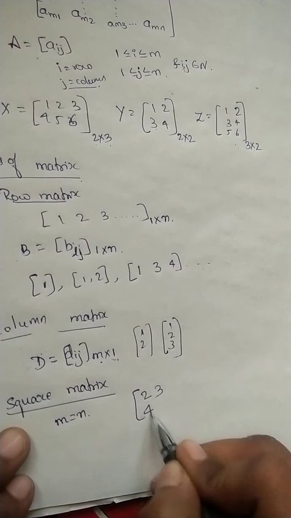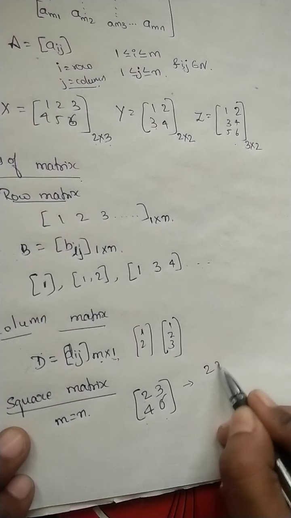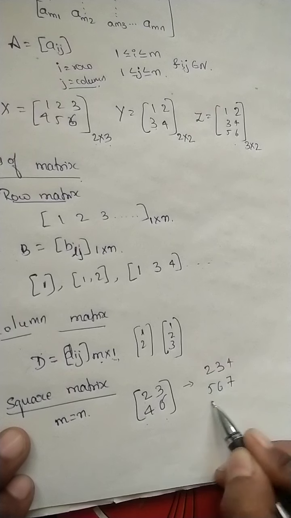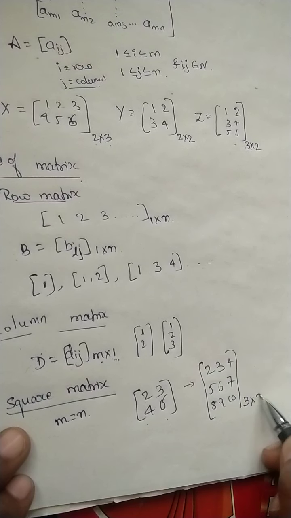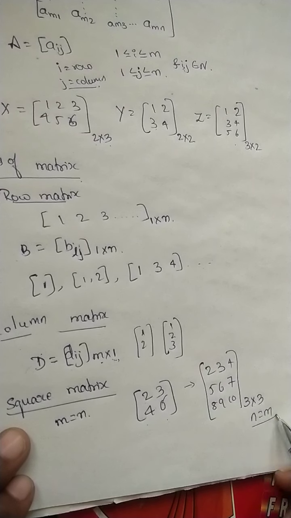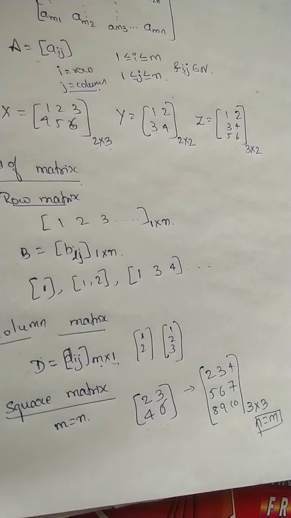That is 2, 3, 4, 6, which has 2 rows, 2 columns. In the same way 2, 3, 4, 5, 6, 7, 8, 9, 10 has 3 cross 3 where n equals m. So this type of matrix is said to be a square matrix.